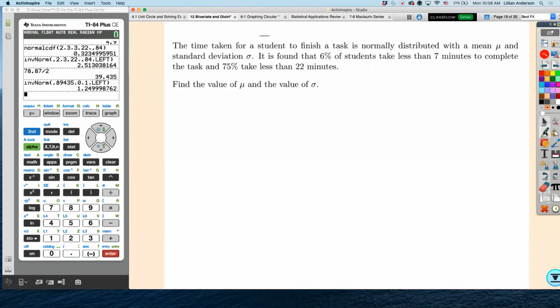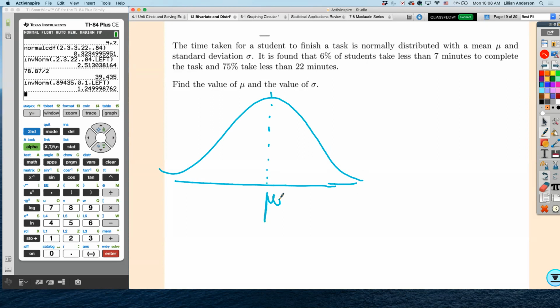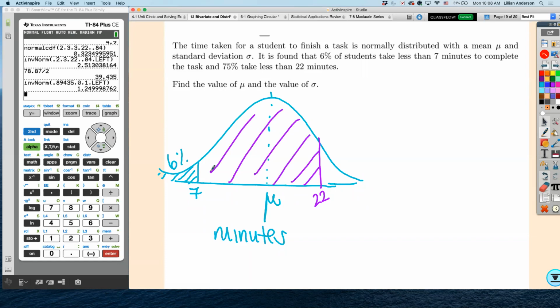Well, whatever the mean is, I know that 6% of students take less than 7 minutes. And I know that 75% take less than 22 minutes. I know that 22 is on this side because 75% is more than 50%.